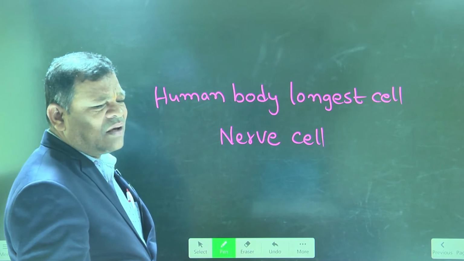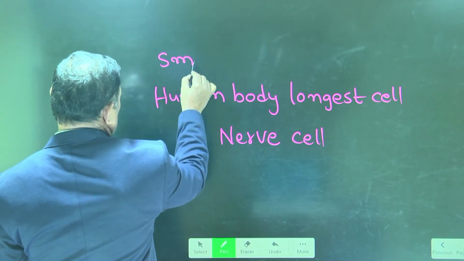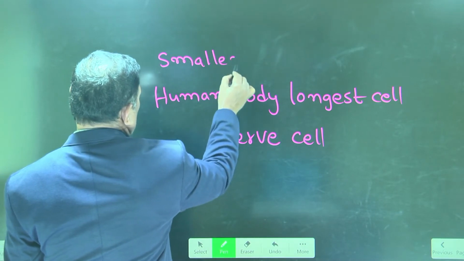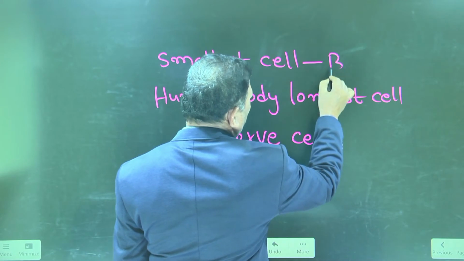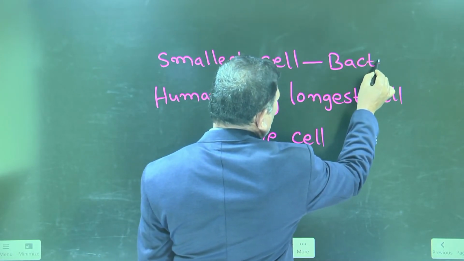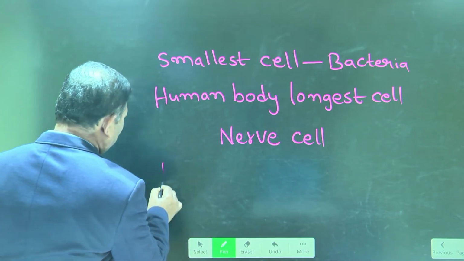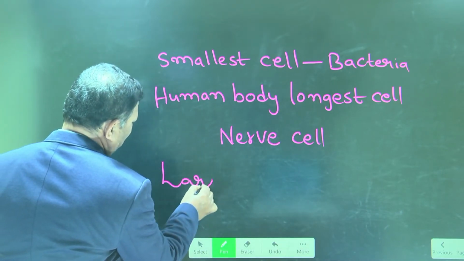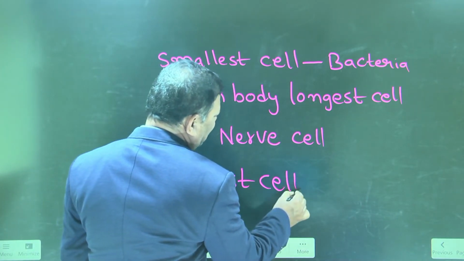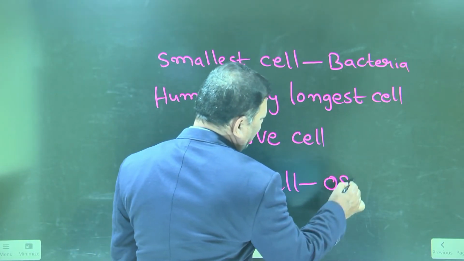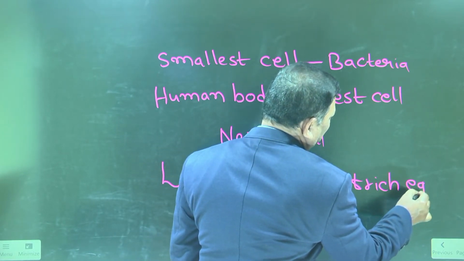What is the smallest cell? Very good, the smallest cell is the bacteria. Next, the largest cell: the ostrich egg cell.